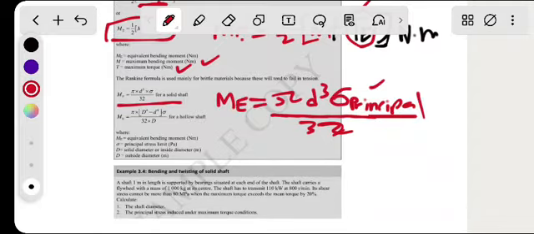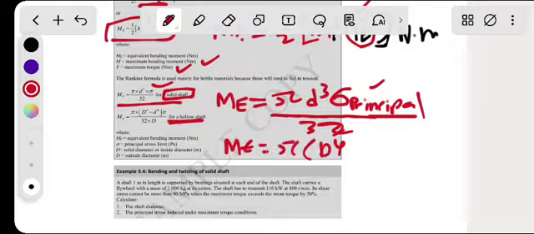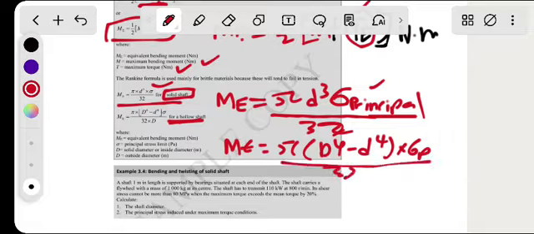Divided by 32 like this. As you can see, this is pi d cubed multiplied by the principal stress over 32, for solid shafts. Then for a hollow shaft it will be pi into d raised to the power 4 minus d raised to the power 4 (inner diameter), multiplied by the principal stress, over 32 times d.